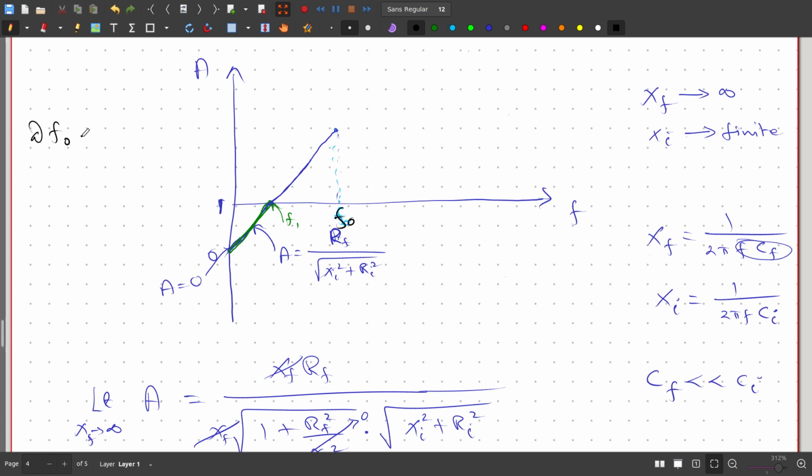At F0, Xi equals 0, therefore our A equals Rf divided by Ri. The root and the square get cancelled, therefore we have Rf by Ri. And on further increasing the frequency, the gain remains constant up to a certain point, and here we have the gain A equals Rf by Ri.